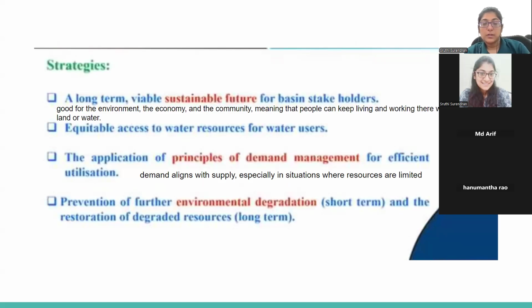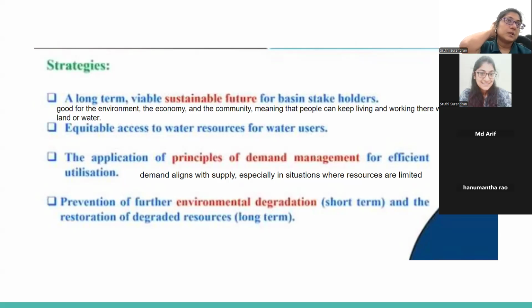Whoever is making use of this water, it has to have a sustainable future, and not only the availability, it should also improve the economics of the community that is making use of the water. It is making it very useful for the environment in such a way that people can keep living there using the water, as well as save water and land for the future generation, and restrict or reduce the degradation of the resources.